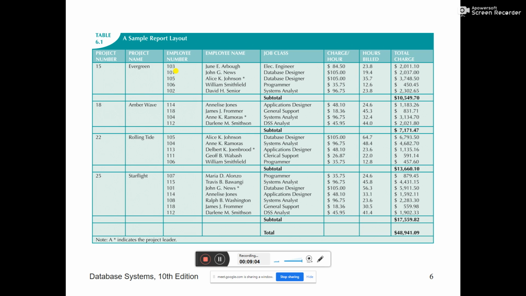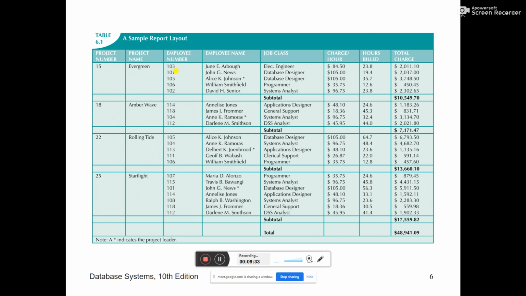Total charge is a derived attribute, and we derive this attribute by multiplying charge per hour with hours billed, because our company charges its clients by billing the hours spent on each contract. Like here on the Evergreen project, employee number 103 worked on this project for 23.8 hours, and the per hour charge for this employee, who is an electrical engineer, is 84.5.